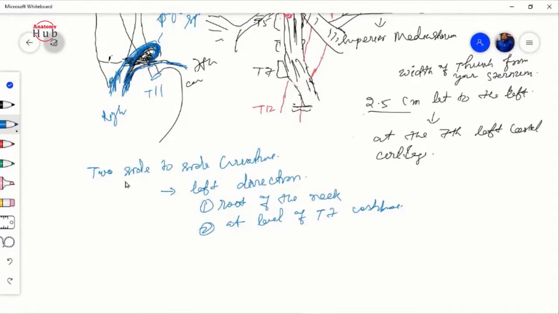So this is your side to side curvature. Then here also you'll find two antero-posterior curvatures.